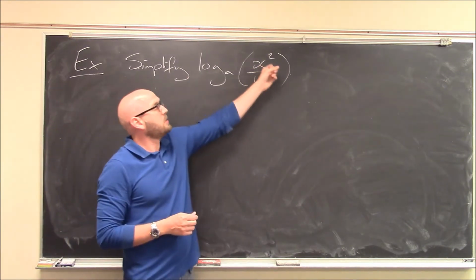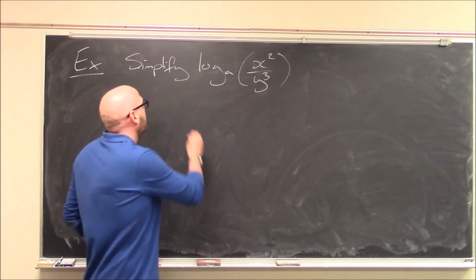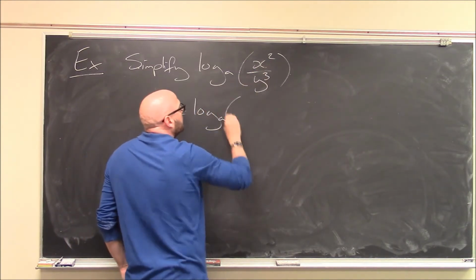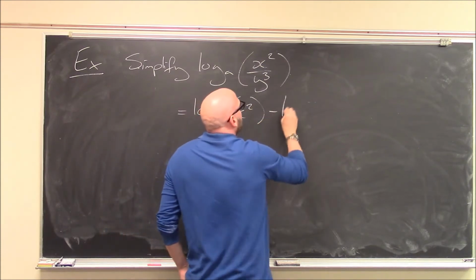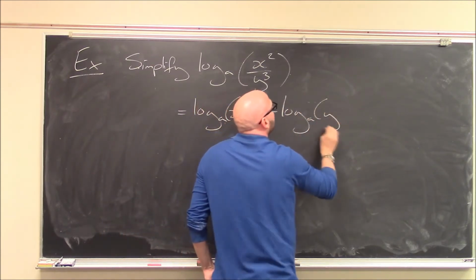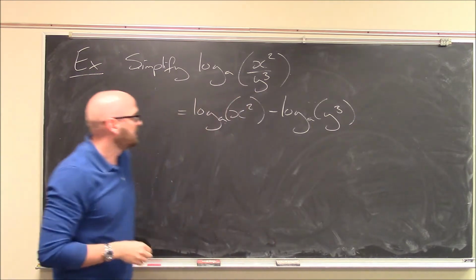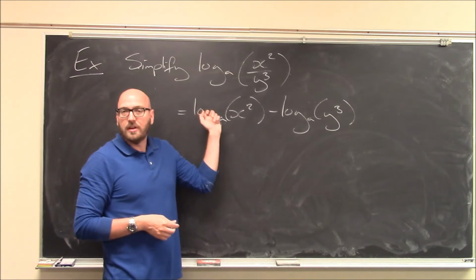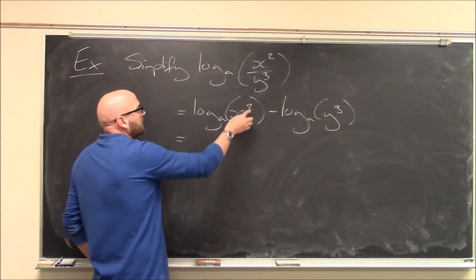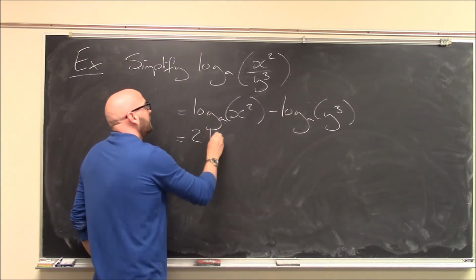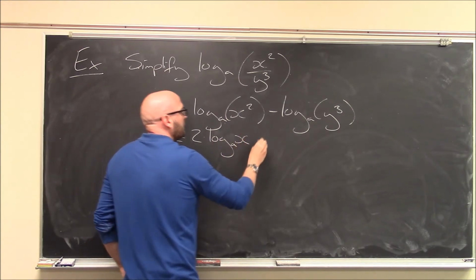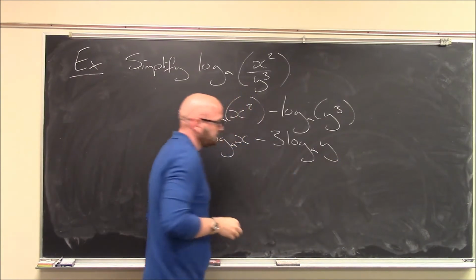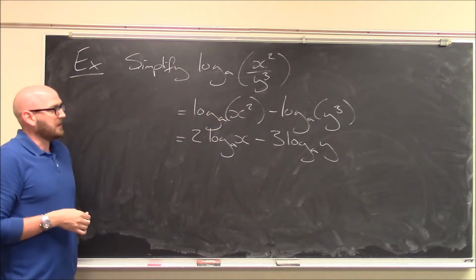I have log of a quotient, so I can write this as a difference of logs: log to the base a of the numerator, x squared, minus log to the base a of the denominator, y cubed. And there's one more thing I can do. These exponents can also come outside as constant multiples. So this becomes 2 times log to the base a of x minus 3 times log to the base a of y. And that's about as far as I can go with this.